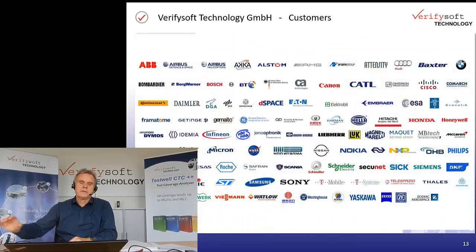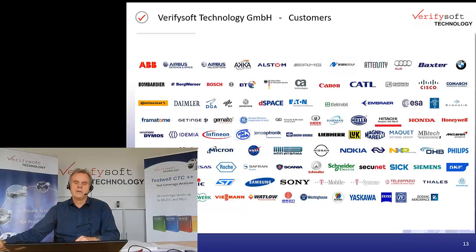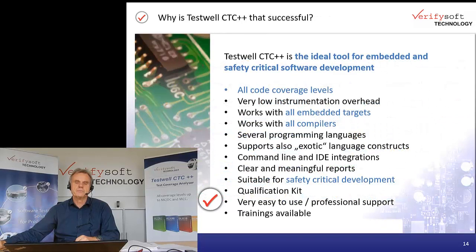Here you have some of our customers. Our customers are mainly from automotive, aerospace, and healthcare, so from safety critical development, but as I have told you, companies which are not safety critical are also widely using our coverage tool.